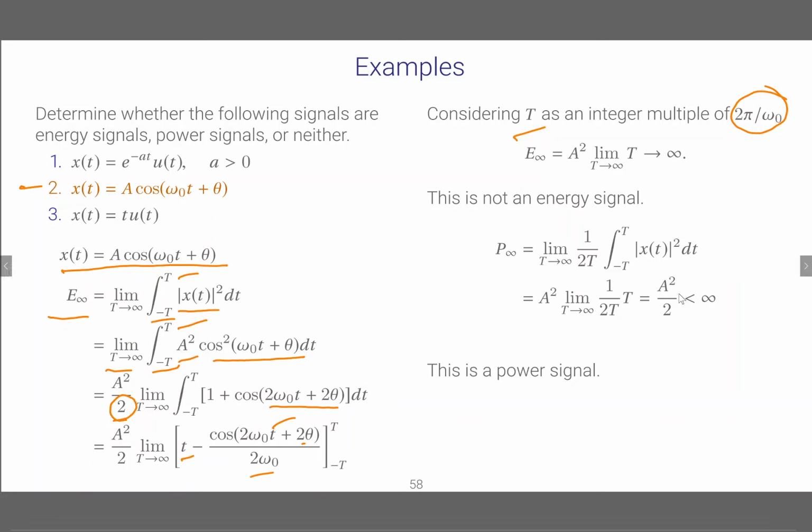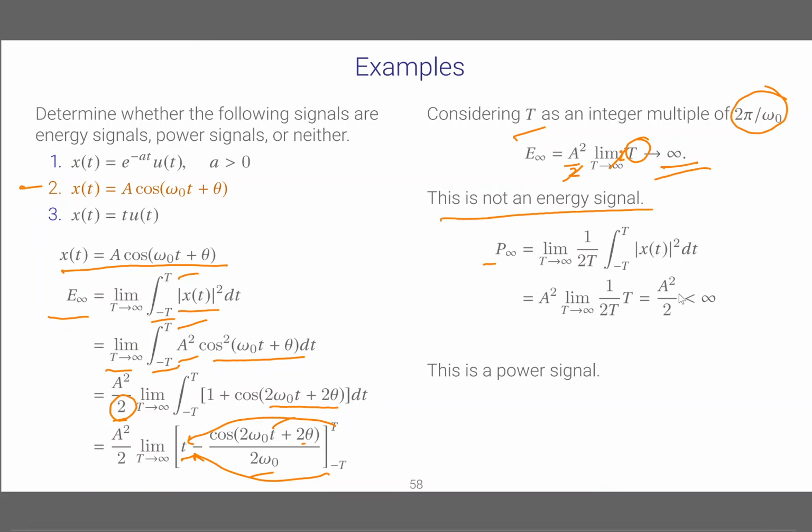So the answer that you get is E infinity; here you get 2T, so these two 2's get cancelled off. Because you put T here and minus T over there, and then you get infinity. So E infinity is infinity, so this is not an energy signal.